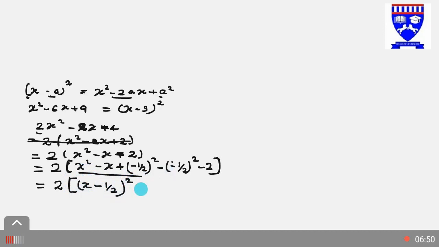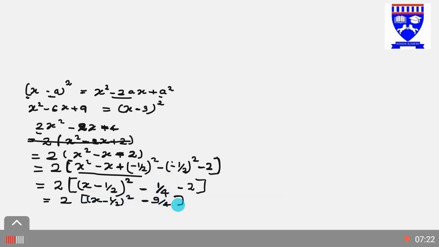Okay, so here minus half squared is plus 1/4, so minus into plus 1/4, minus 1/4 minus 2. So this one is 2 into x minus half squared, minus 1/4 minus 2 is minus 9 by 4.